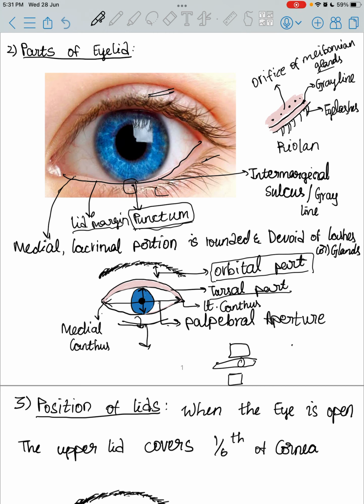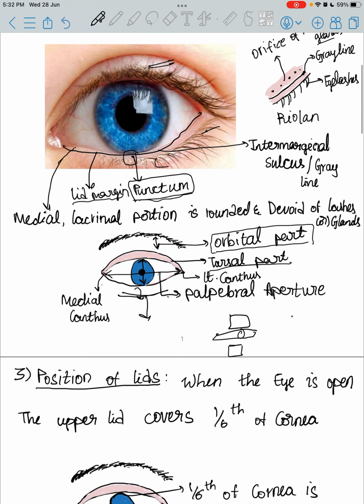Then we focus the light towards the lower eyelid, and we can see a hole that is known as the punctum. Clinically, it is used for sac syringing. It divides the lower eyelid into two halves. It is nothing but a hole which is connected to our lacrimal drainage system.